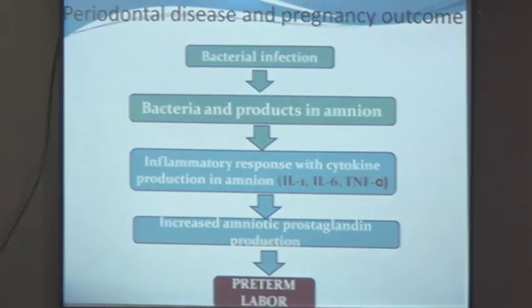Whereas here, the pro-inflammatory cytokines produce an inflammatory response in the amnion itself. All these pro-inflammatory cytokines will be there in the amnion when there is periodontal disease. As a result, there will be increased amniotic prostaglandin production and preterm labor. Understood?